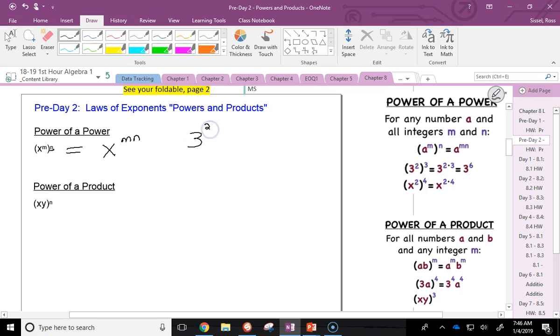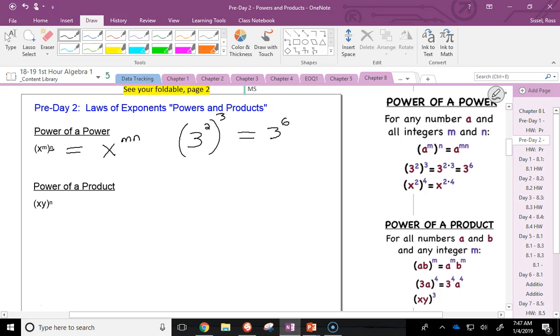If I did 3 squared, which we know is going to be 9, but if I did 3 squared and I said I need to cube that, that would equal, just like we said here, I'd still keep my base, 3. But now my exponents we multiply. So 2 times 3 is 6. So my answer is now 3 to the 6th power. Or 3 times 3 times 3 times 3 times 3 times 3.